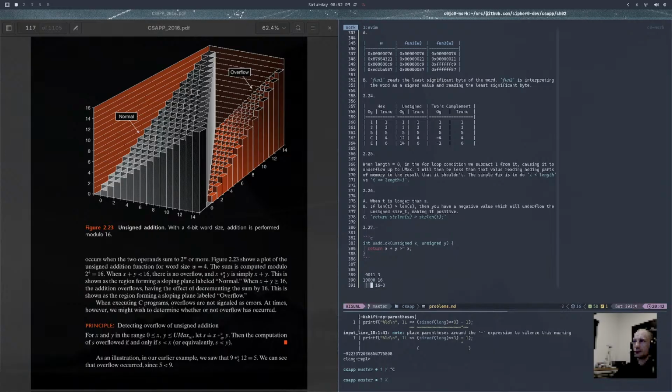So 13 is going to be 1, 1, 0, 1. It's 8, 9, 10, 11, 12, 13. Yeah, that's what I got before when I did the subtraction. 8, 9, 10, 11, 12, 13.